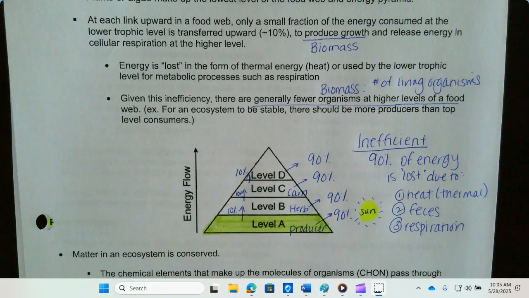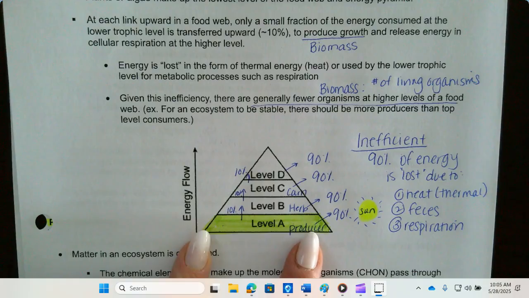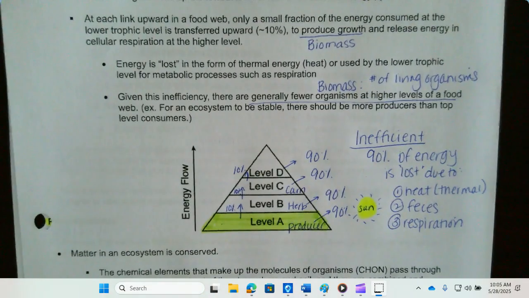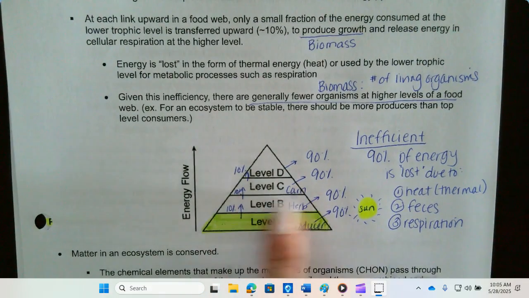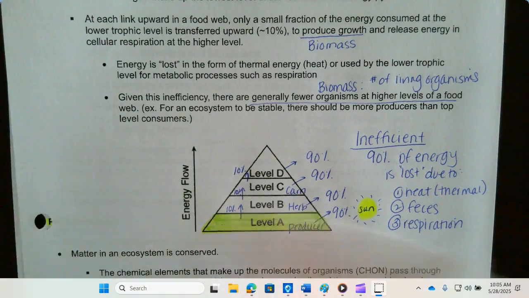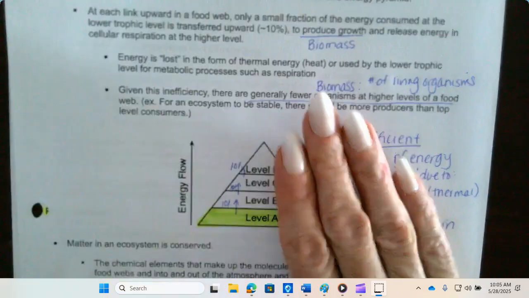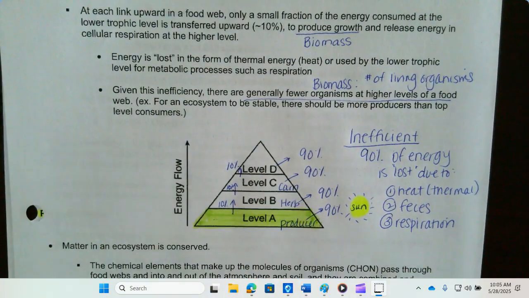There should always be the most producers, right? You want the base of your pyramid to be really firm and stable, and that's going to allow all the other levels to exist. If you wind up having a drought that kills a lot of the producers, what's going to happen? B, C, and D, their numbers are going to decrease.